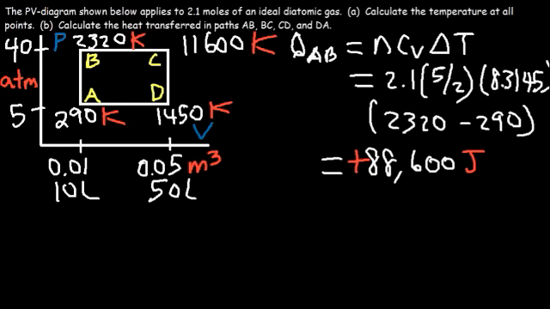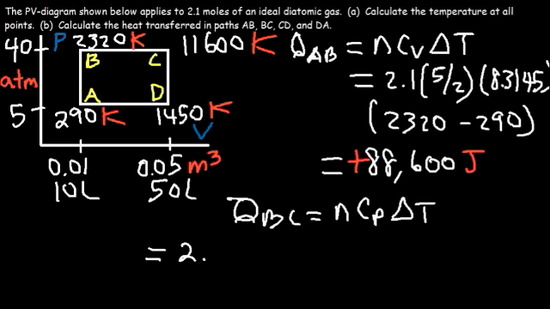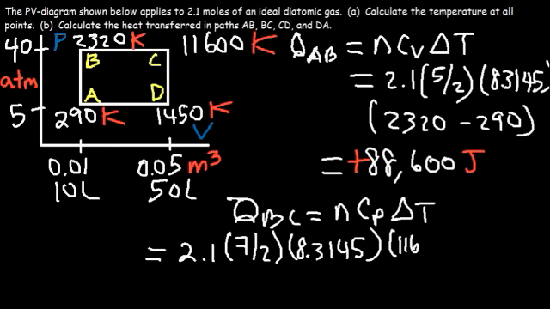Now, what about QBC? Here we have an isobaric process. So we can use the equation nCp delta T. Now the Cp value for a diatomic gas is going to be 7/2 times R. And going from B to C, the final temperature is 11,600 minus the initial temperature of 2320.